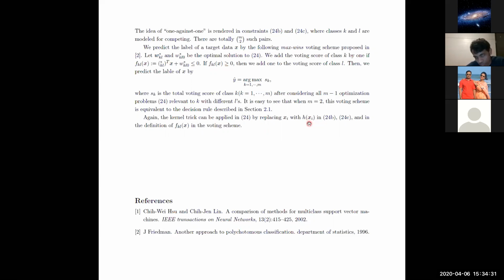But it must mean exactly on the decision boundary between class K and class L. So in the case that f_KL(x) is not 0, we consider one of the classes as positive 1 and one as negative 1. Yes. Then we put x into the separating function that we have, and based on the value it gives us, we classify it as class +1 or -1.